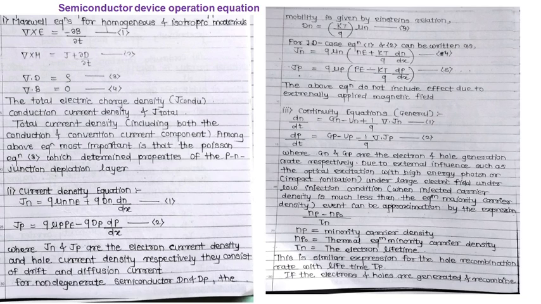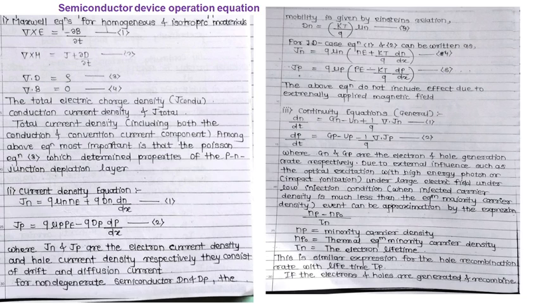J conduction is Jn plus Jp, the total current density due to both electrons and holes, which is a very important property when determining the properties of the PN junction depletion layer, when we actually fabricate a device based on semiconductor material. At that time it is very important.